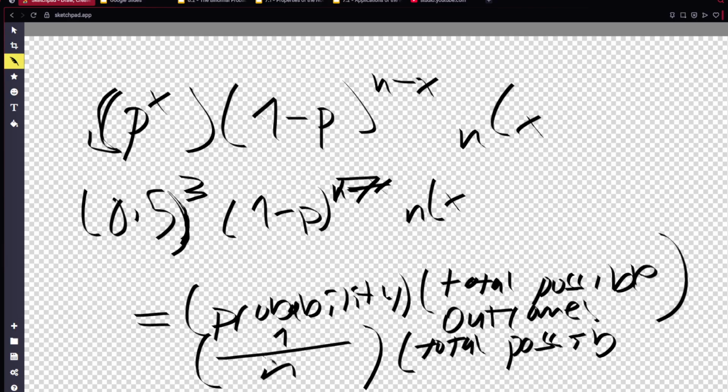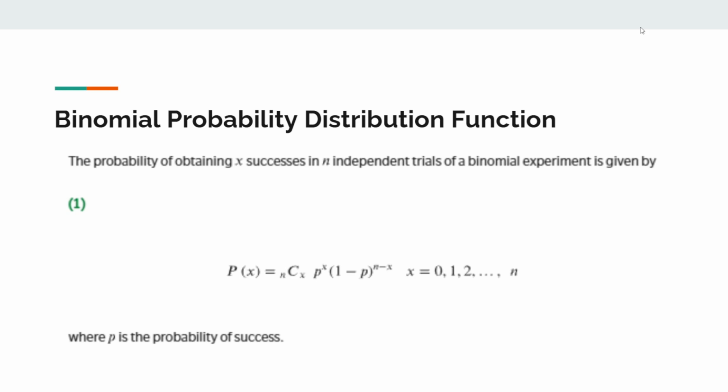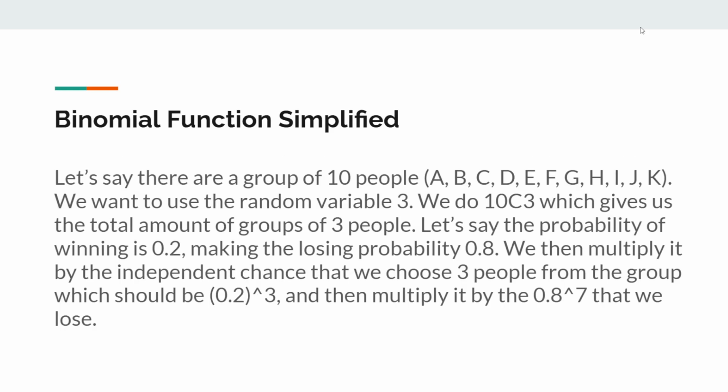So since this is the probability that 1 outcome of 3 people liking candy, there are so many outcomes of 3 people liking candy, and since they're all cumulative, we can just add them up. And that's simply what I was trying to say. It's a little bit hard to understand. It's a little bit abstract, but that's what it is.